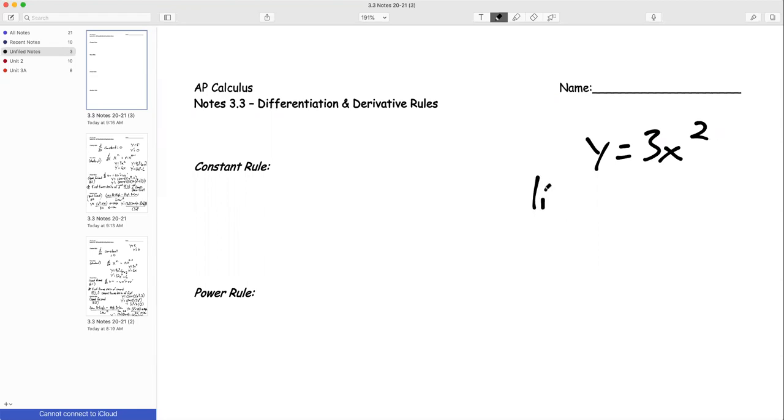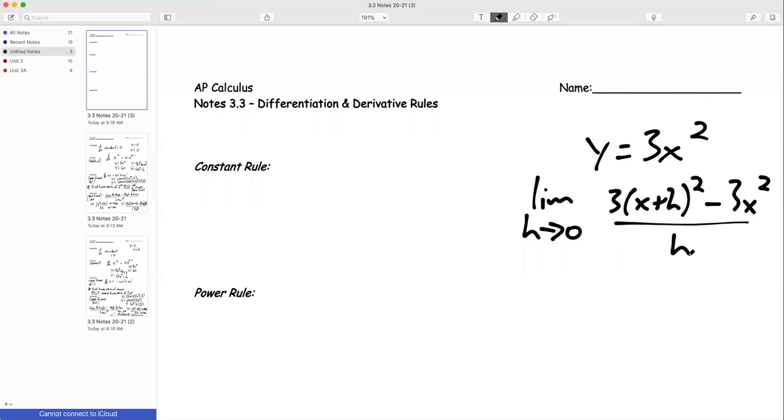So I'm going to do the limit as h goes to 0, and then I would plug in x plus h into my equation, and then subtract f of x, which would be 3x squared, all over h. And I could square that and distribute the 3 and collect my terms and then plug in 0 for h, right? We should be able to do that, I hope.